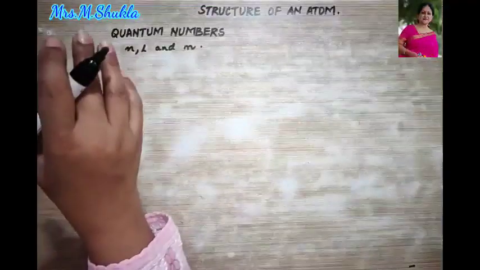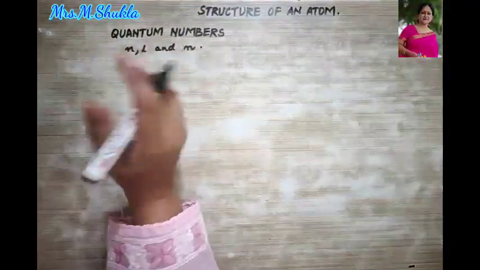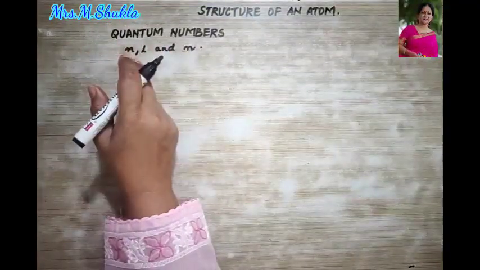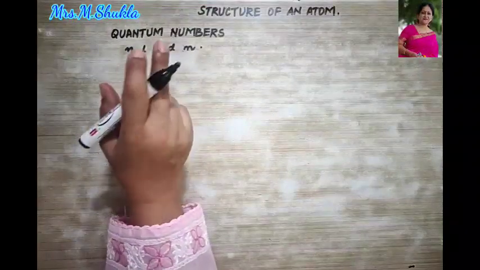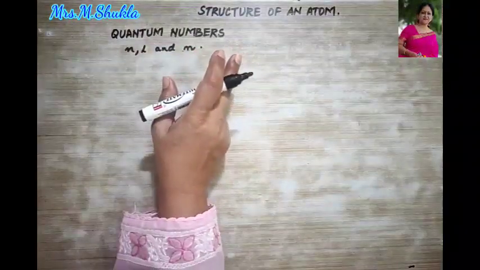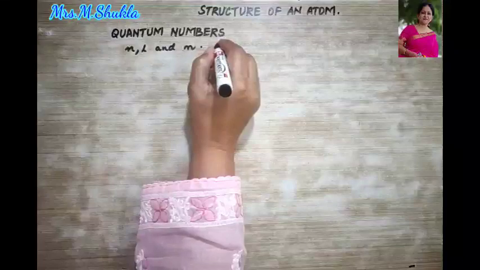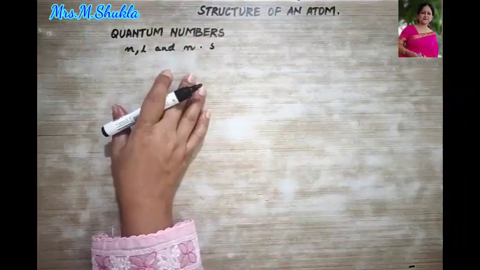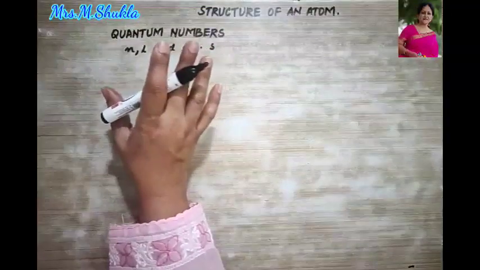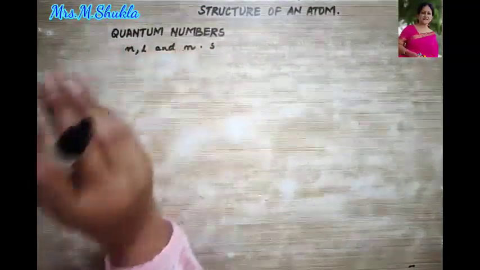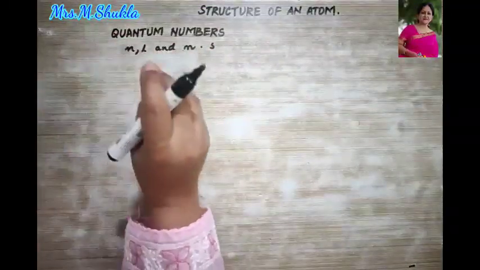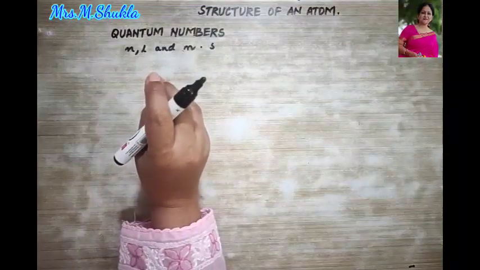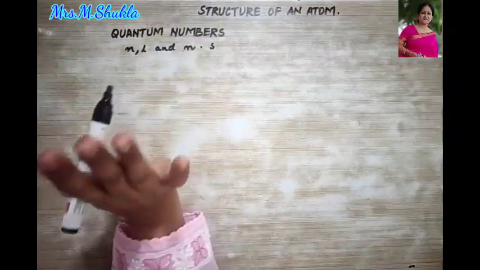In addition to these three numbers, there's another quantum number which is also needed, which specifies the spin of the electron about its own axis, and that is called the spin quantum number. Now you can simply understand it like this: just to search for a particular person in this whole world, we need to know four important facts.